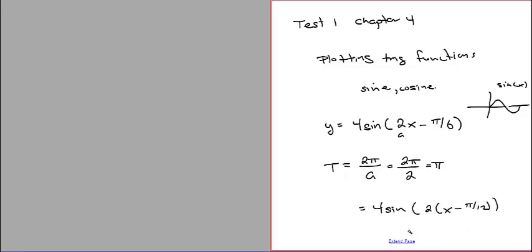So the x shift in this case is plus, because we have x minus h, plus pi over 12, not pi over 6. Okay? So you'll definitely see that on there. But I think, to be honest, everything in this first chapter is game for the exam.